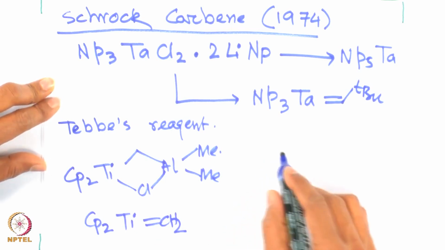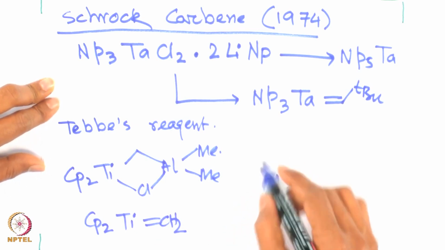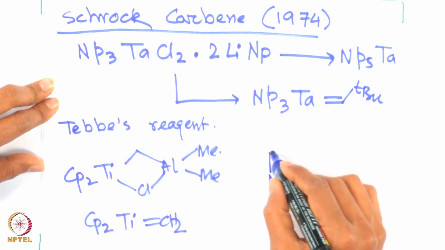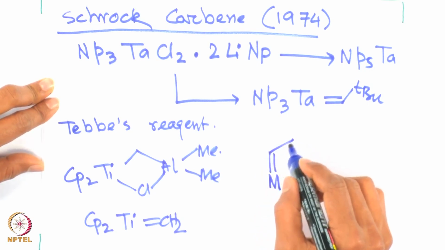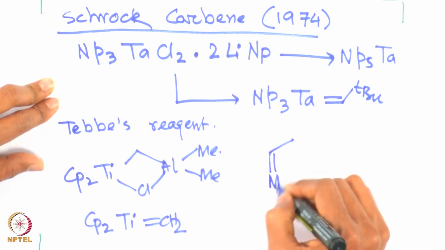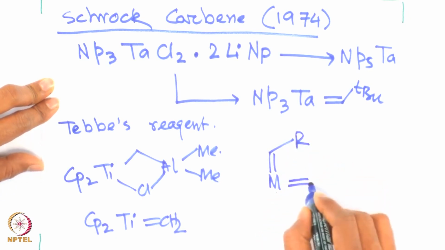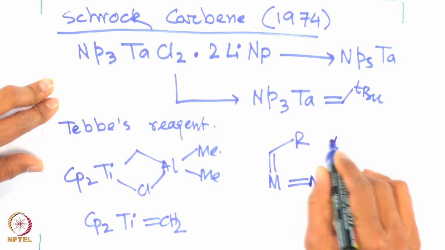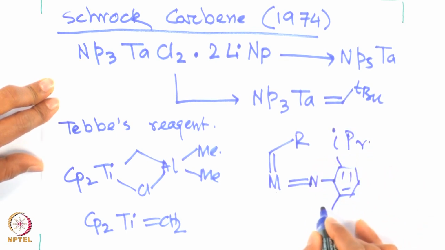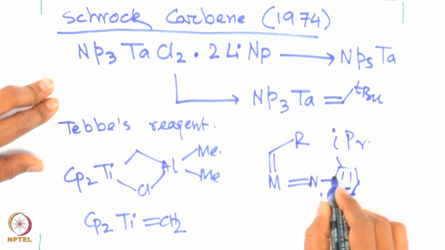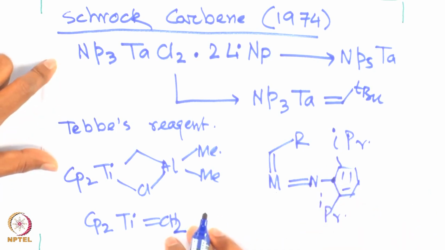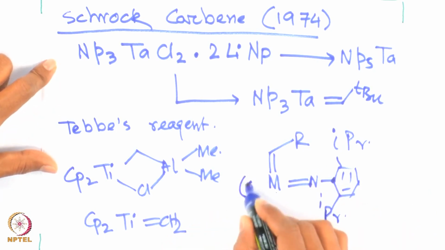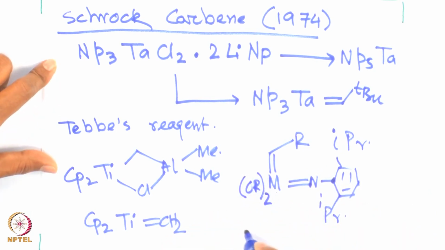Most often nowadays the Schrock carbene that people are mostly familiar with is the molybdenum complex, where molybdenum is in the +6 oxidation state, and we have the alkylidene, with this amine center associated with isopropyl groups, and the metal is associated with 2 alkoxides, where the alkoxide R is CMe(CF3)2.